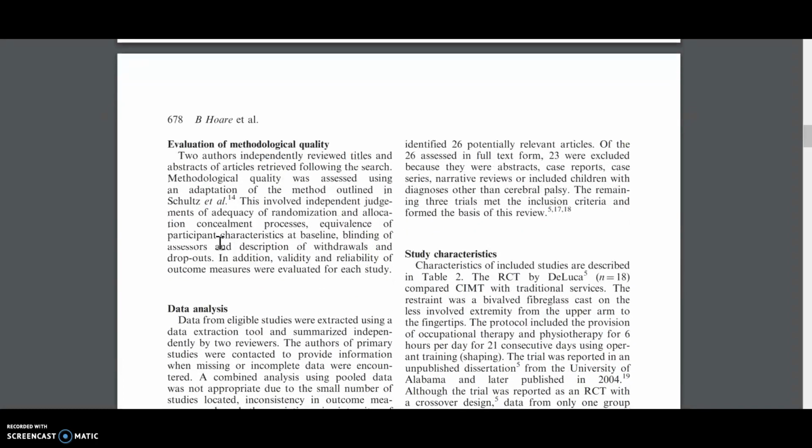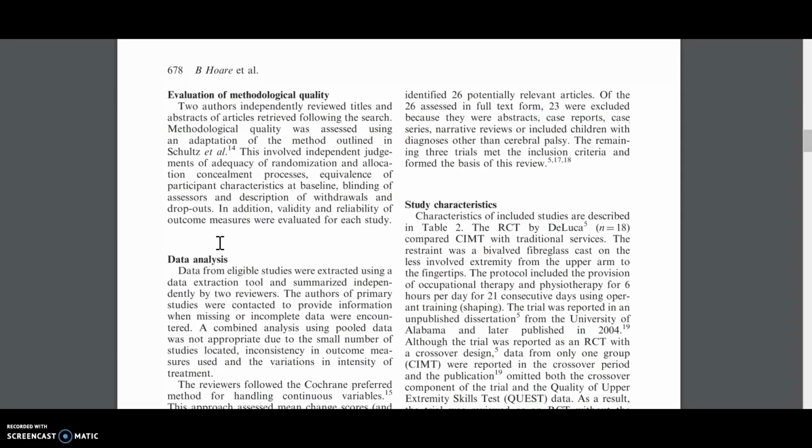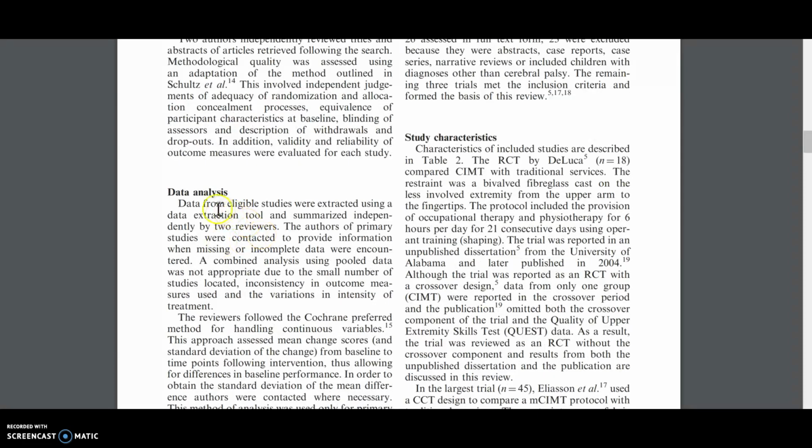They have to be a certain amount of good articles that fit what they're looking for. And then you have study characteristics, same, and data analysis, right? So data from eligible studies were extracted using a data extraction tool, summarized independently by the two reviewers.